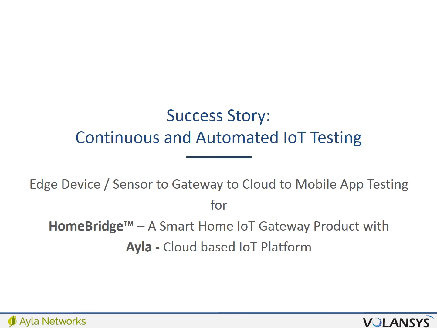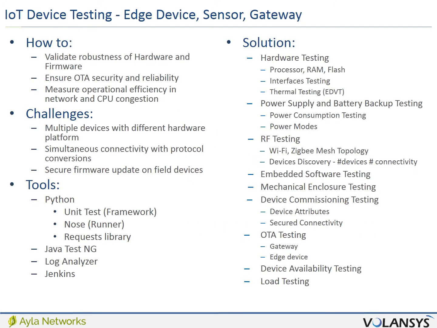On the device front, in this particular slide, I would like to talk about the IoT device testing part. As IoT devices are expected to run 24/7 long term in the field, robustness of the hardware and firmware is very critical, and continuous updates should also function in a very seamless manner. As well, in the multi-device scenario, where various connectivity protocols are involved, converting data from one protocol to another is also a key challenge to test.